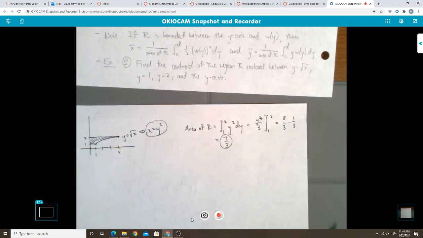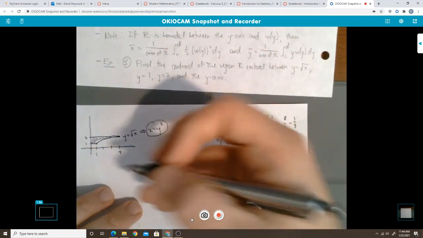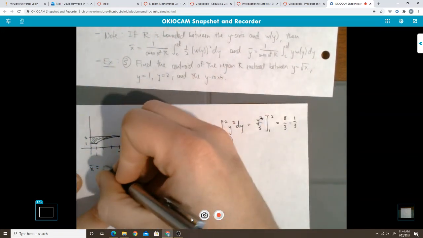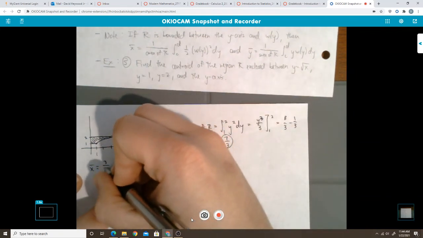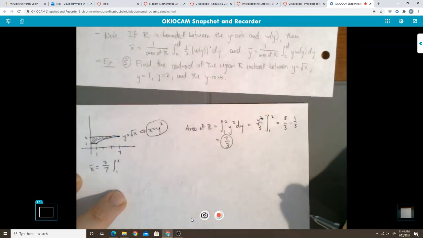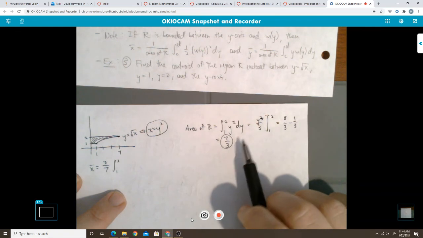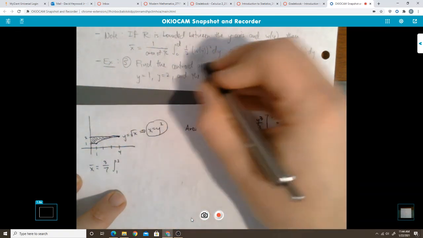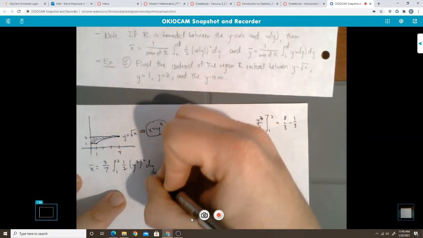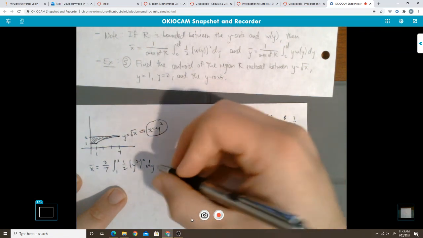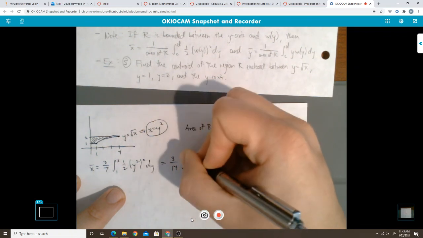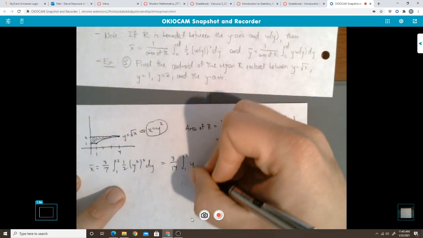Okay, next thing we need to do is calculate x bar and y bar. So x bar is going to be 1 over area of R, so that would be 3/7, times the integral from c to d of 1/2 times the function y squared, squared. So that's going to be 3/14 times the integral from 1 to 2 of y to the 4th.